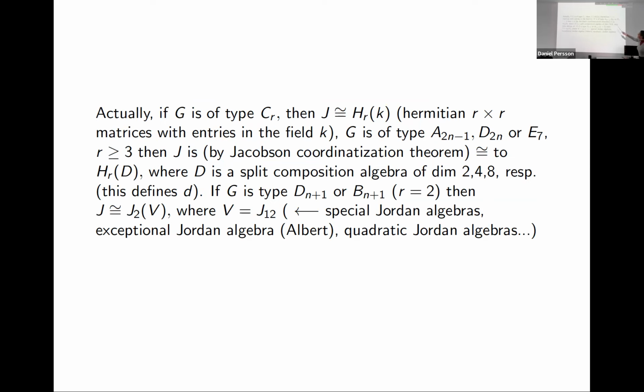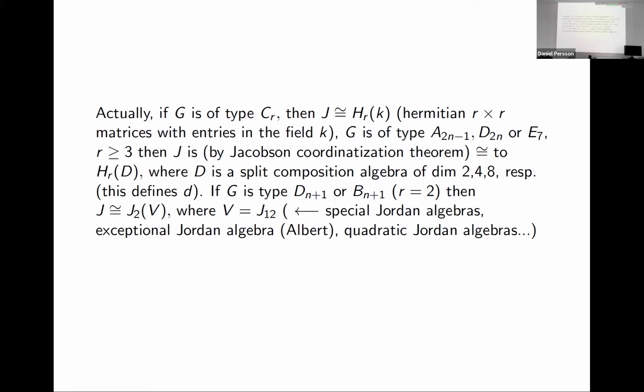And for example, for this, let's say GLN times GLN case, you have, of course, just n by n matrices. But also, using Jacobson coordinatization theory, you can also interpret these n by n matrices over K as n by n Hermitian matrices over a quadratic extension of small k.